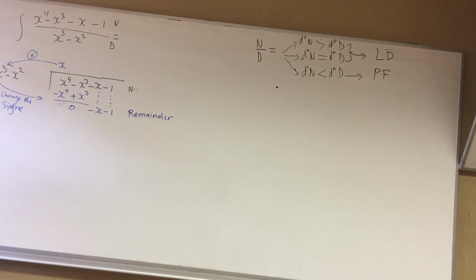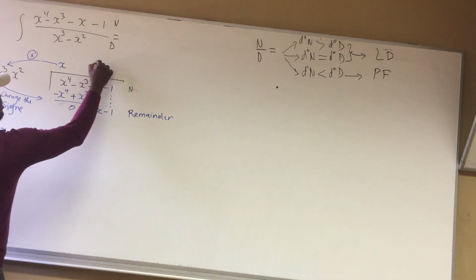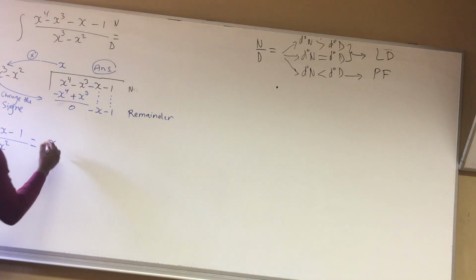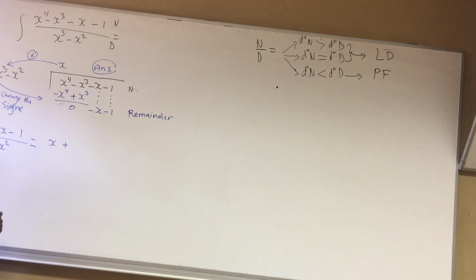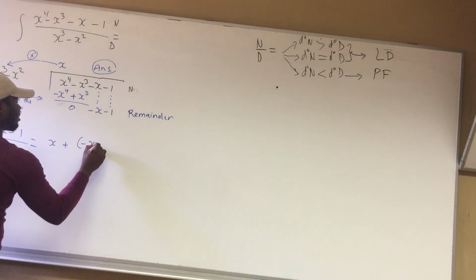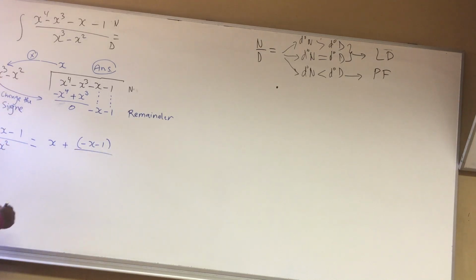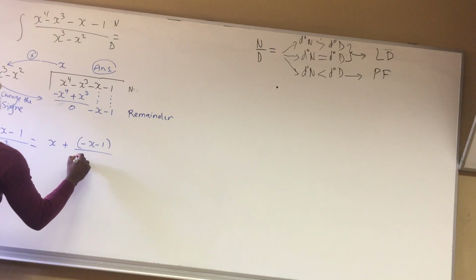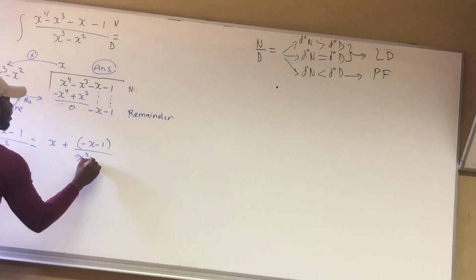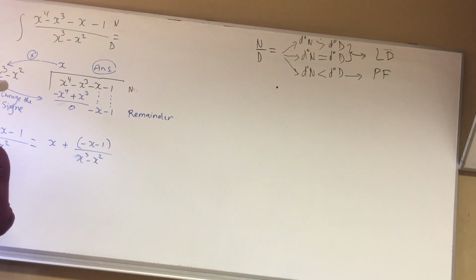Now, how do I cope with this? Remember, I have x to the power 4 minus x cubed minus x minus 1 divided by x cubed minus x squared. So I can write it as: this is your answer, plus the remainder, which is minus x minus 1, divided by the denominator, which is x cubed minus x squared.